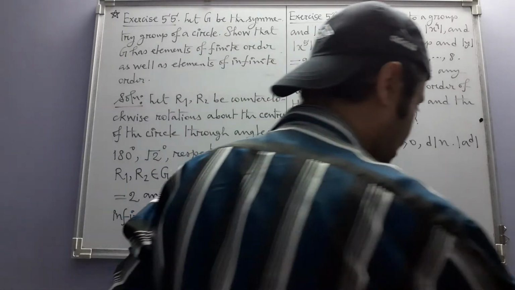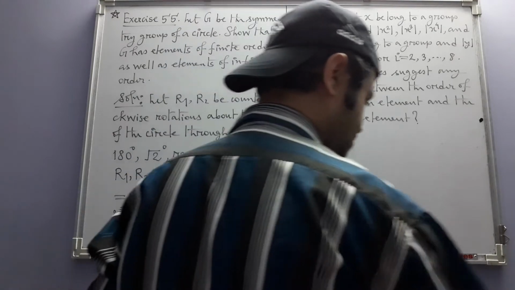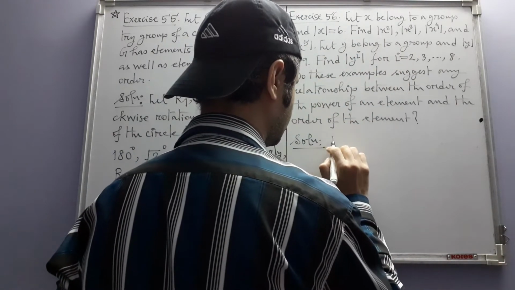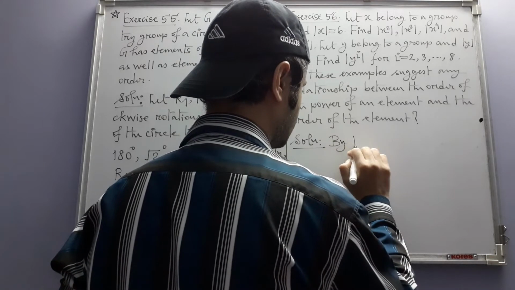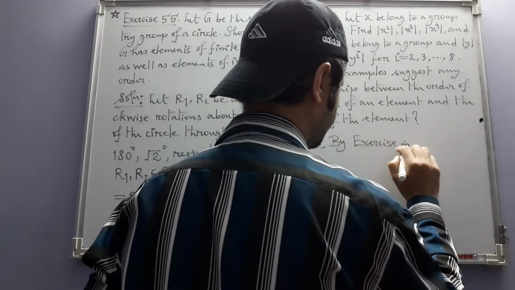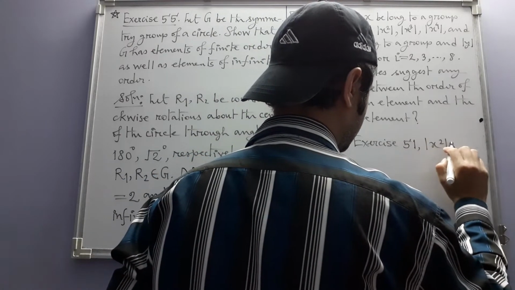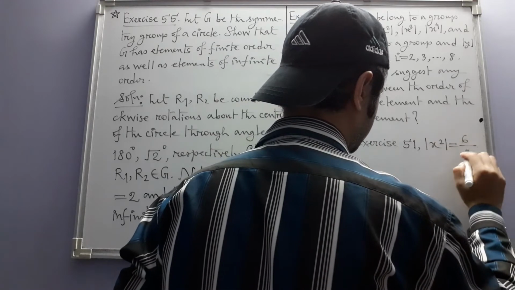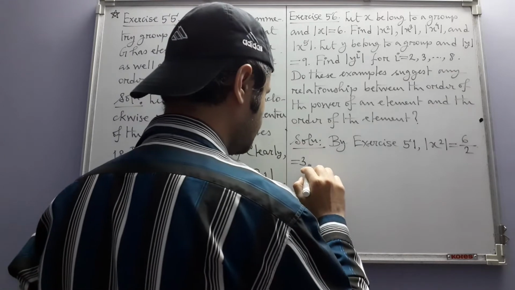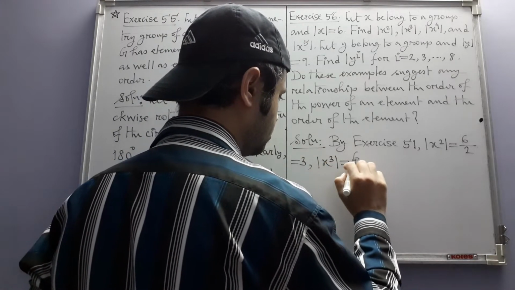We have to argue differently. By exercise 51, this is 3, and like that order of X cube will be 2.